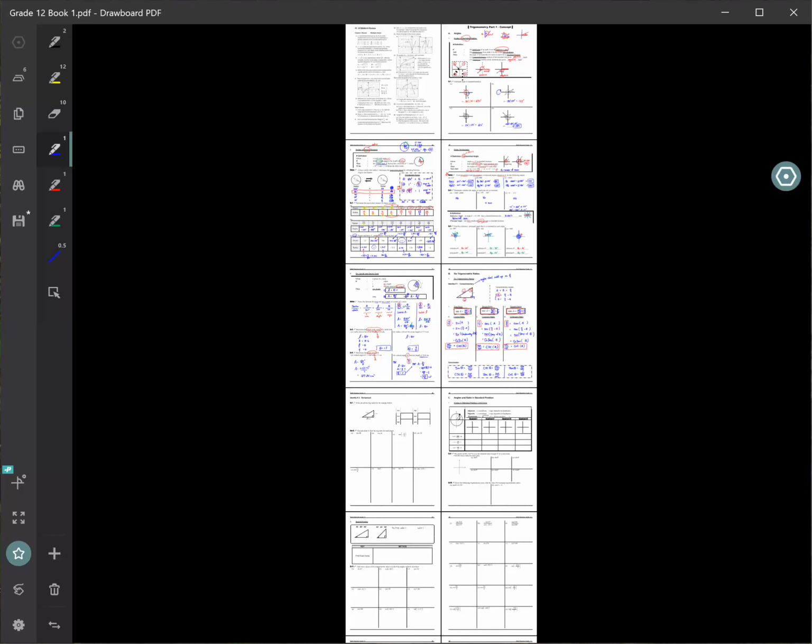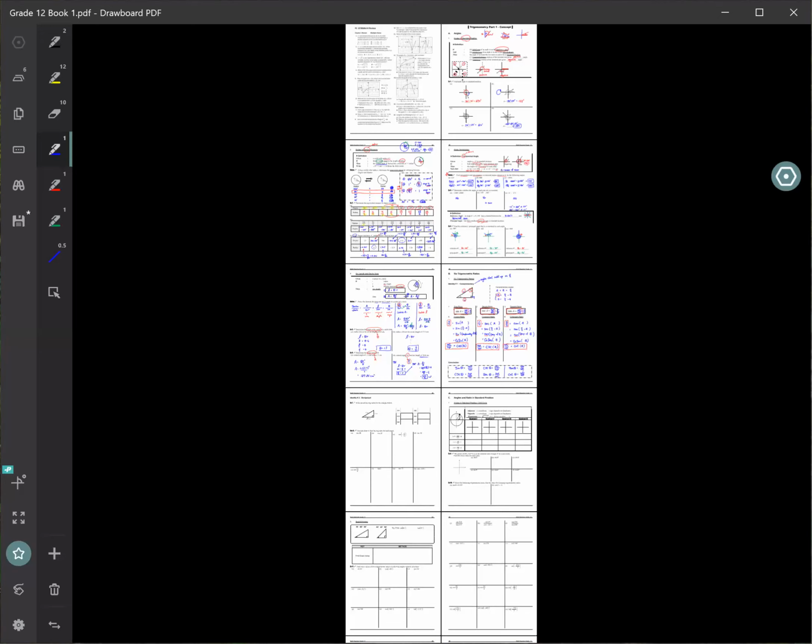And cotangent is adjacent over opposite. Very good. Eric, your turn. Cosecant is hypotenuse over opposite. Secant is hypotenuse over adjacent. Cotangent is adjacent over opposite. Good.